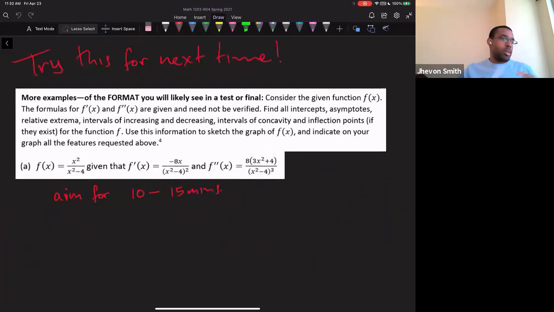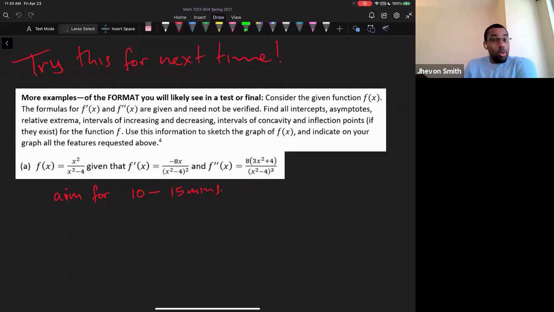Hopefully you tried it. I'm going to go through it somewhat quickly, but it's the same process that we looked at before. And even the question here states everything that it wants you to do, except the domain, which we'll normally find anyway, just to make sure that whatever points we find, they're actually on the graph and we can actually plot them and they're actually what they appear to be, like a max or a min or an inflection or something like that.